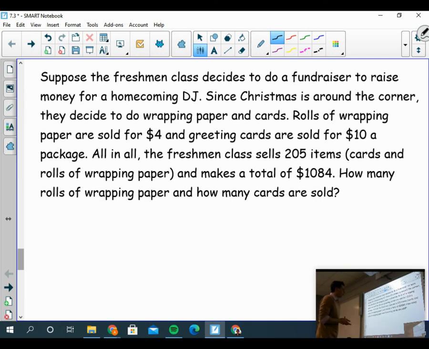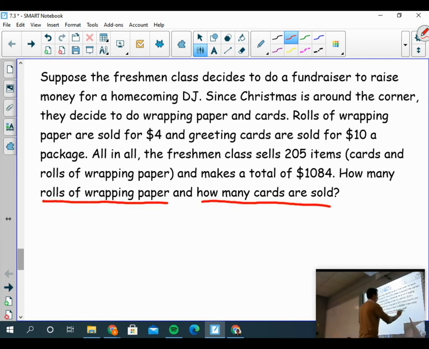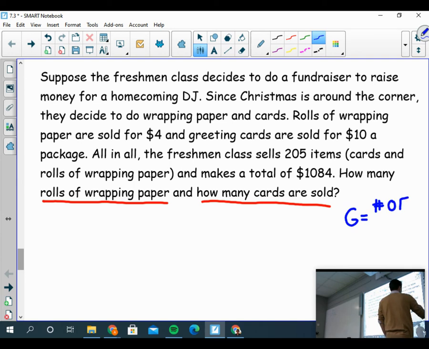So we kind of got a lot going on here. Before we can ever solve this, let's identify what we're asking. They want to know how many rolls of wrapping paper and how many packages of cards are sold. So let's maybe set some variables. Maybe we'll call G the number of packages of greeting cards.